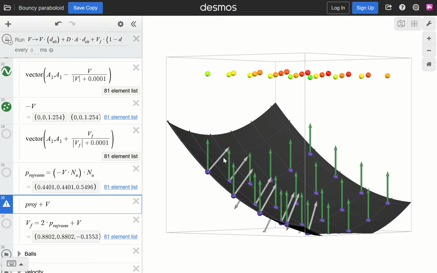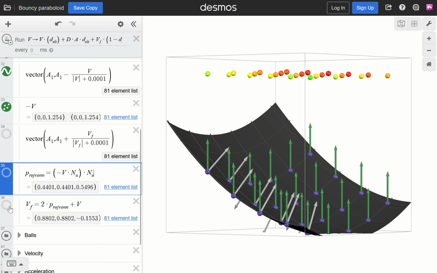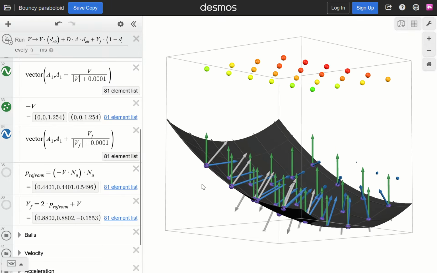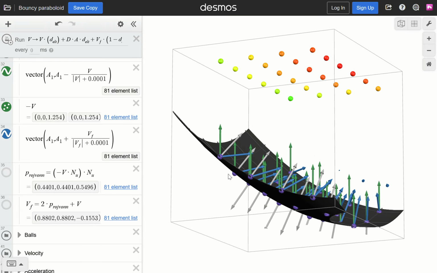If I want to find the reflected vector, I just need to add this to my projection vector. So really what we end up with is 2 times the projection vector plus v, and that's going to give me my final velocity after reflection, which is what this calculation here is actually doing. So we can represent that with these blue vectors, and they show me where the ball should go after it's been reflected.